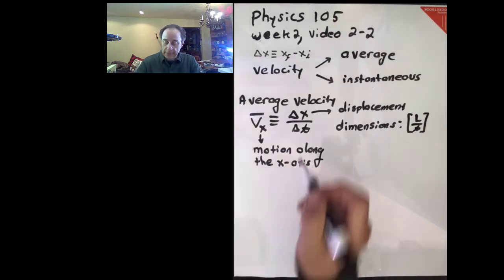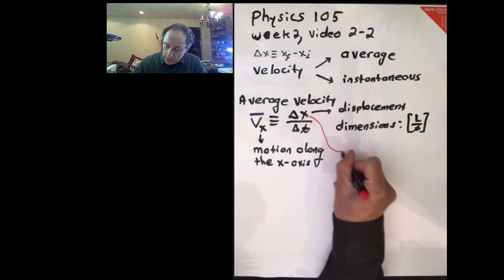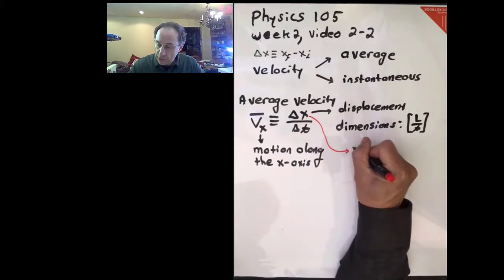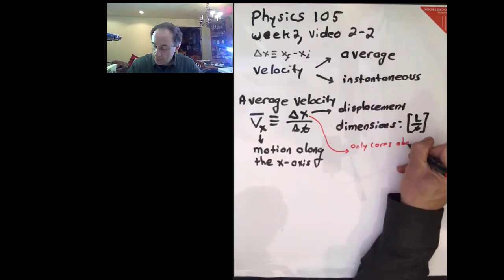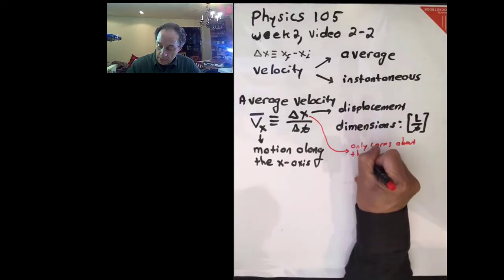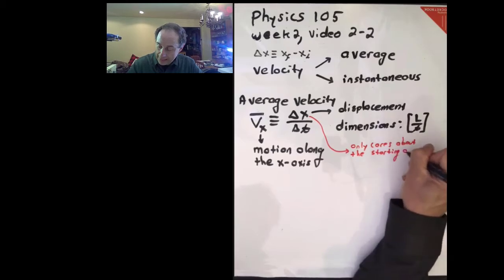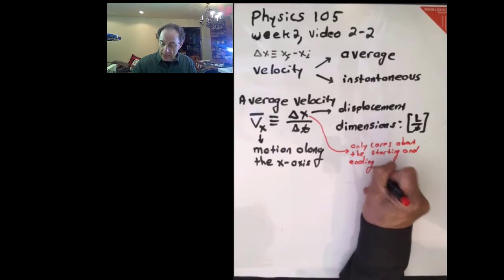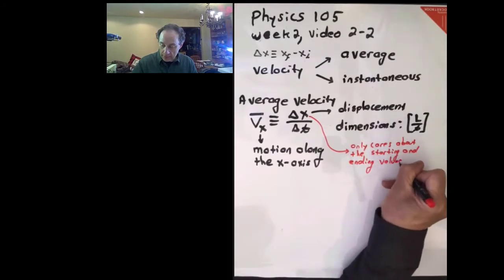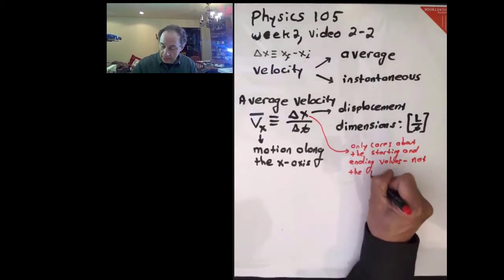So, notice this delta x, average velocity, only cares about the starting and ending values of position, not the path taken.